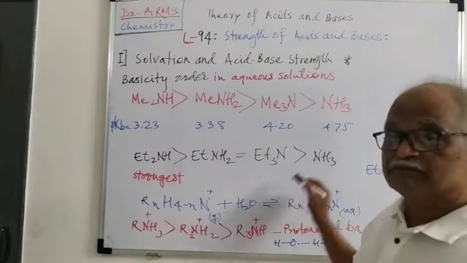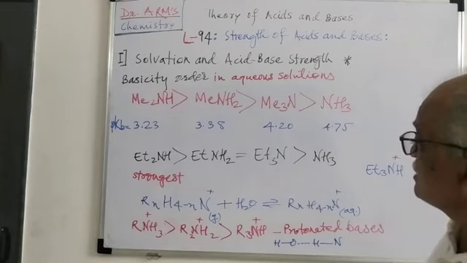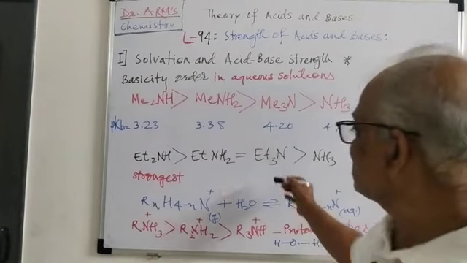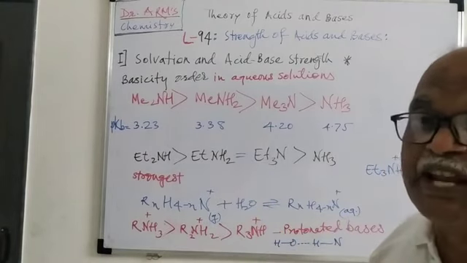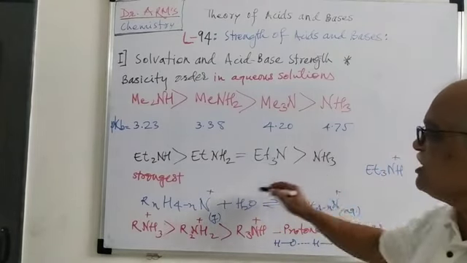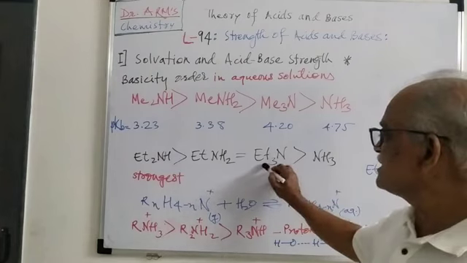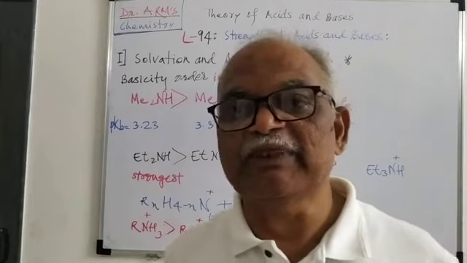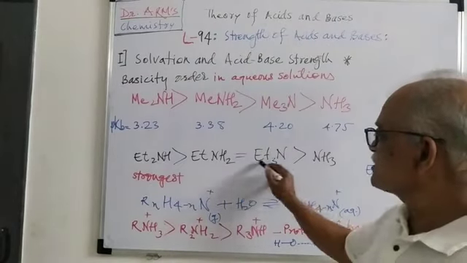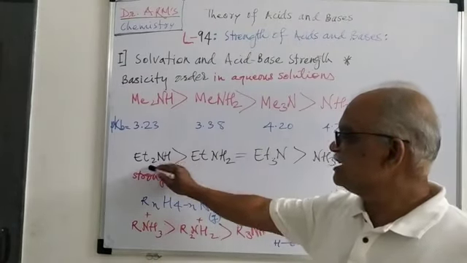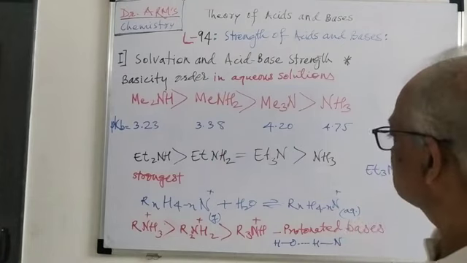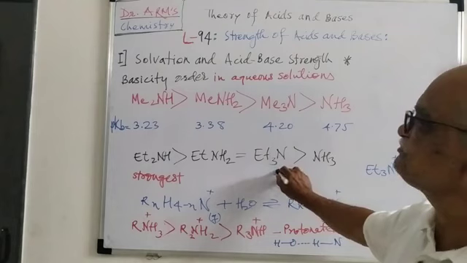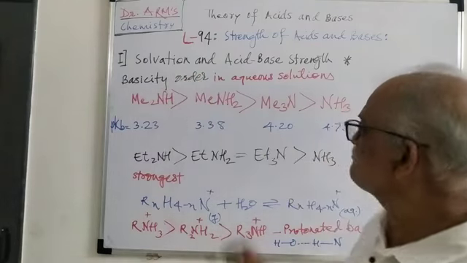This is considered in terms of solvation. Such unexpected behavior of these amines, especially triethylamine, which is expected to be the strongest base but here is weaker than its primary and secondary amines, is attributed to the solvation effect, which we are studying here.